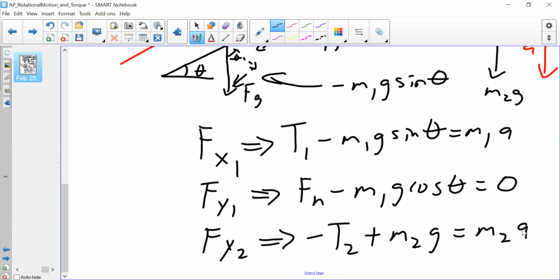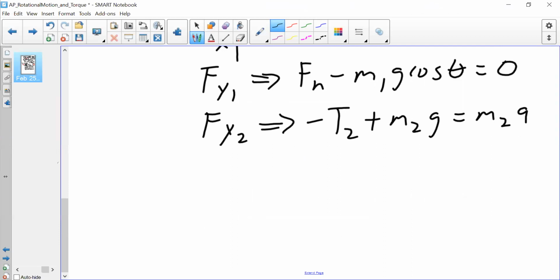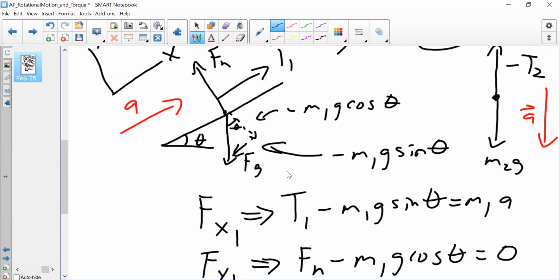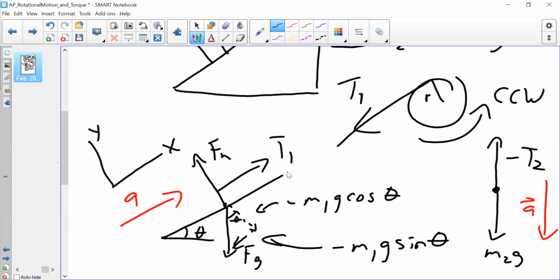Well, T1, you can find them quite easily. You're given the acceleration, you have to solve for it in order to backtrack and get that. But let's get the torque equation first. So the net torque equation, again, we must visualize appropriately where T1 and T2 are.